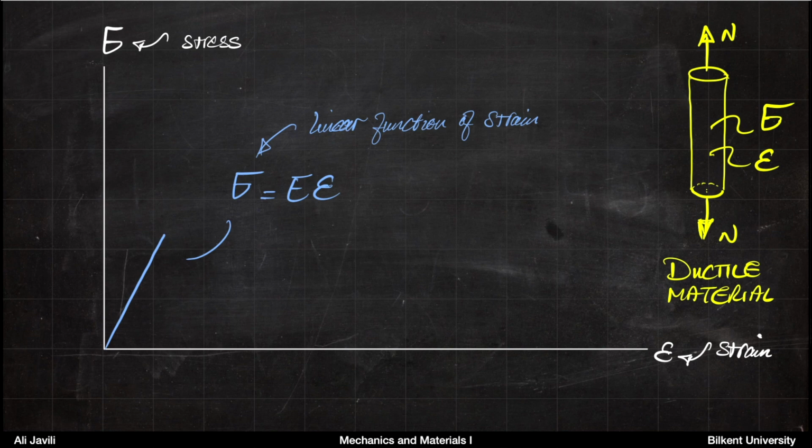Okay, so if we think of a stress-strain relationship, at the beginning of this diagram, we observe a linear behavior. So we see that stress is proportional to strain, and that sign means proportional to.